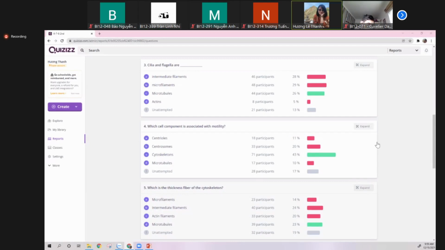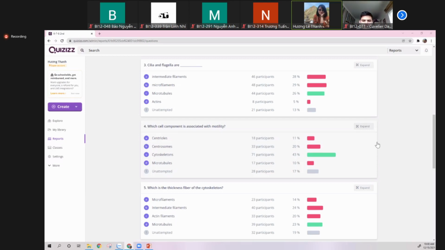It is the right answer because it is about 25 nanometers, while the others are just about 8 and 10 nanometers. So remember the sizes of the kinds of fibers inside the cytoskeleton.